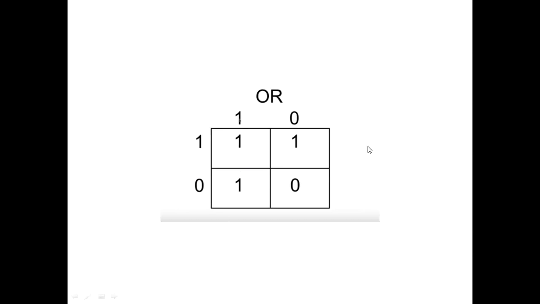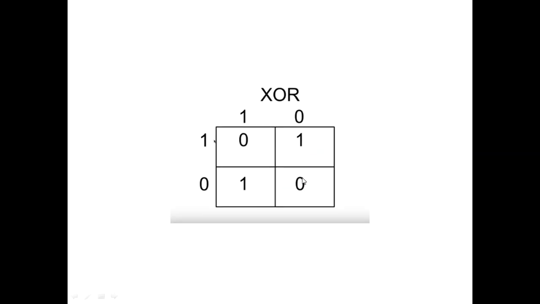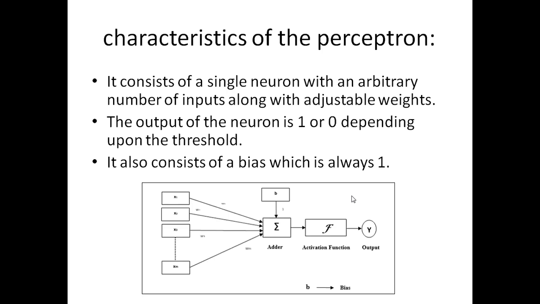Same for OR. We can draw a line like this one, and we can separate them into two different parts. But in case of XOR, we cannot do that. As you can see over here, we cannot draw a single line by which we can separate these input data into two different classes or two different parts. So this is not linearly separable.